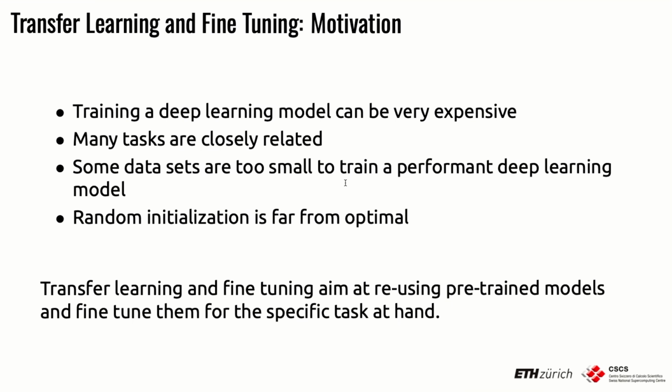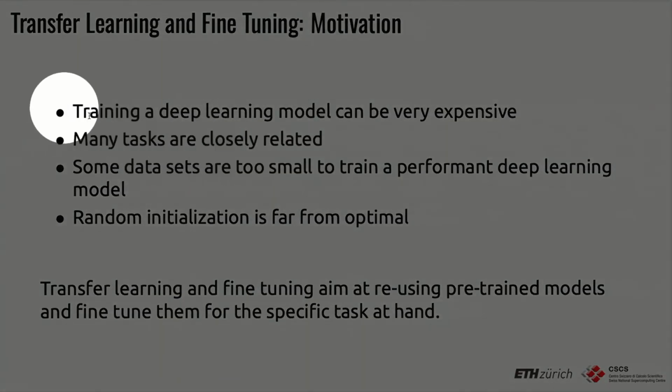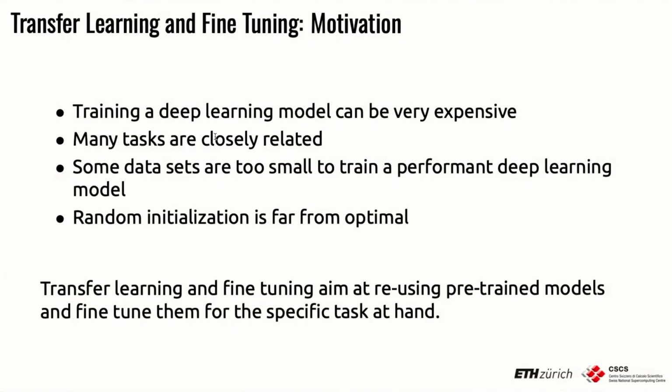And so you don't really want to do that every time for every new task. And also, there is an observation that many tasks are closely related to each other, so you can probably reuse part of a trained model to work on a similar or related task.